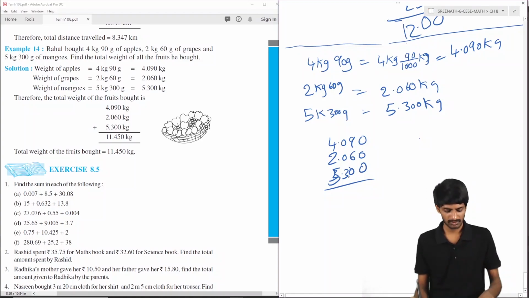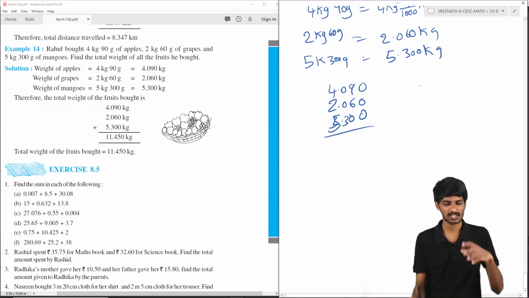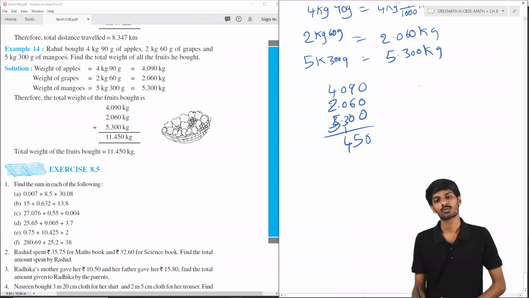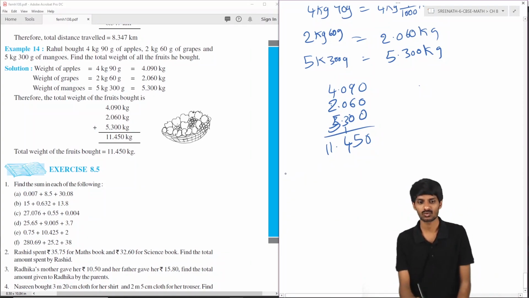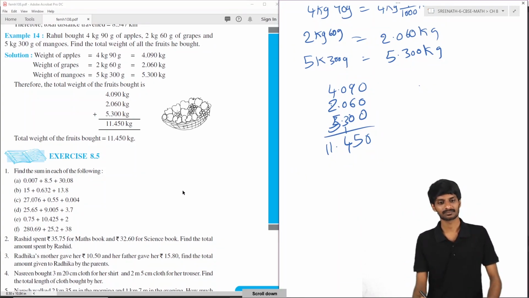Add the corresponding places. So 0 0 0, 9 plus 6 is 15, carry 1, that is 3 plus 1 is 4, and 4 plus 2 is 6, 6 plus 5 is 11. So 11.450 kg, students. That is the thing.